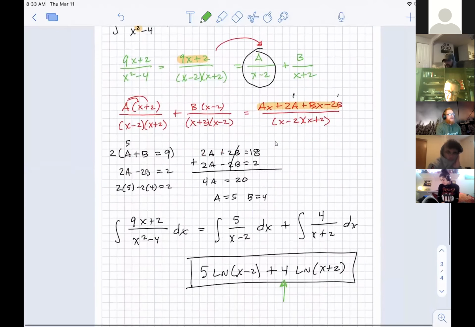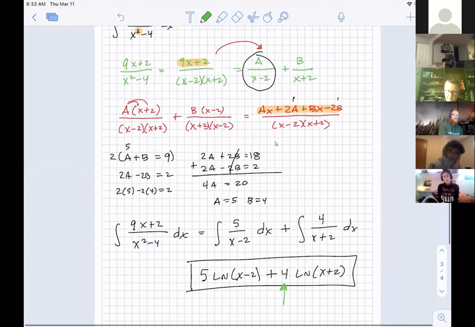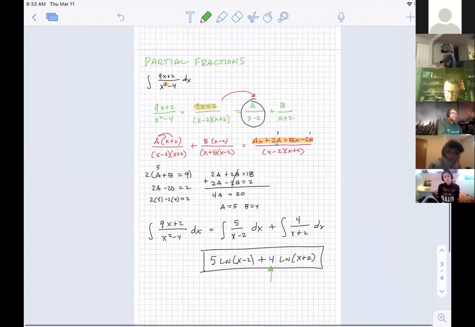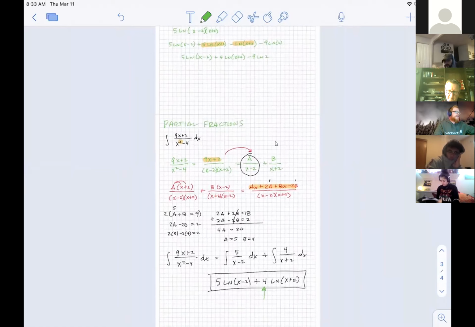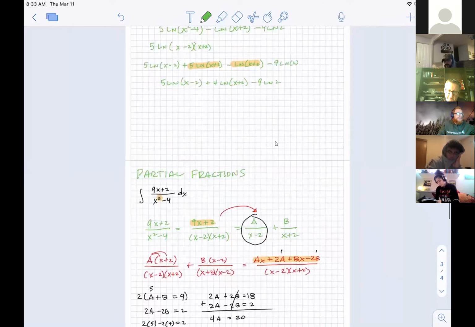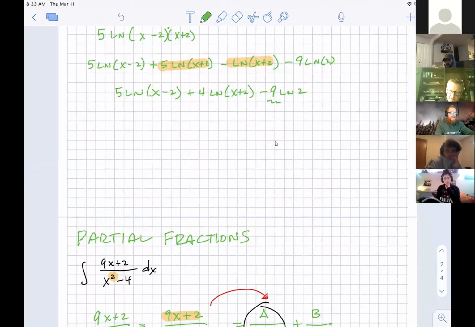That's exactly, well, it's not quite exactly the same. What's different? There's an x minus 2 in the 5 times natural log. And we have an, oh wait, never mind. That's wrong. It's the 9 natural log of 2. Did you notice they're exactly the same except for this?